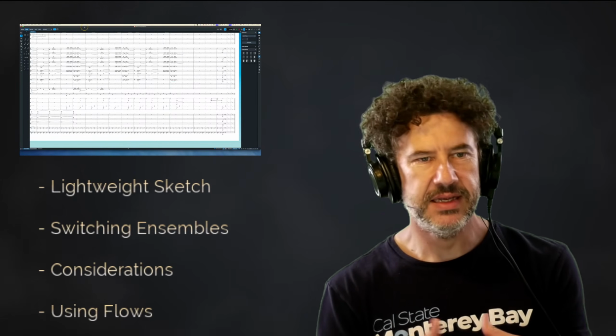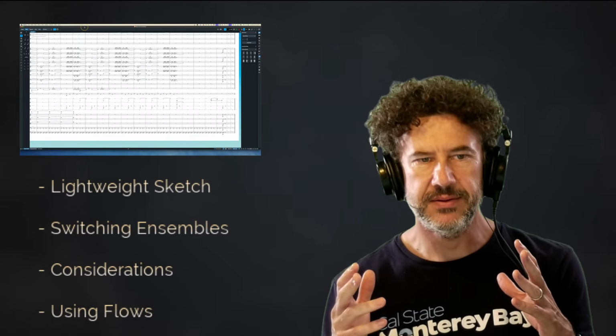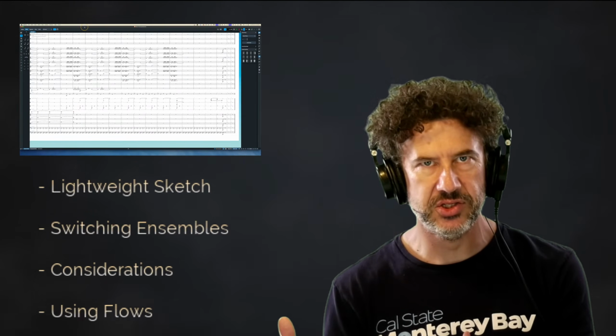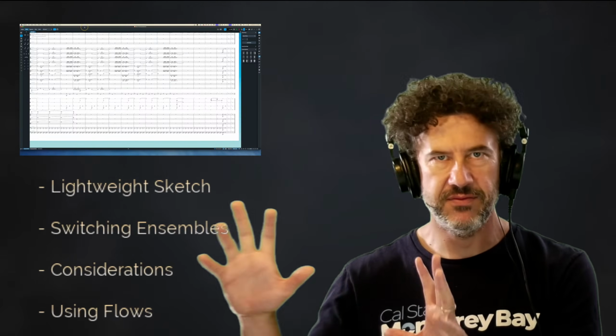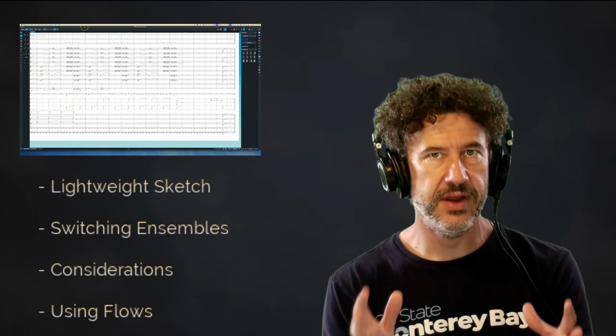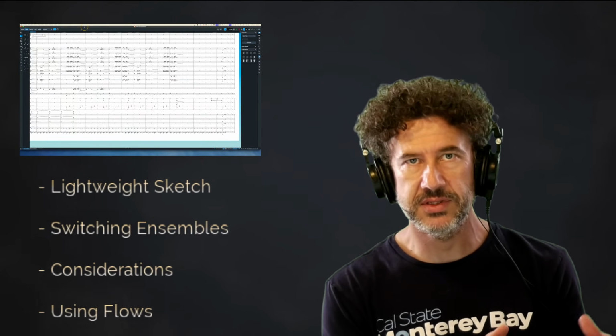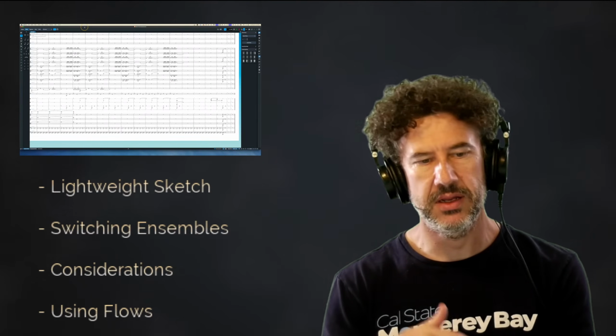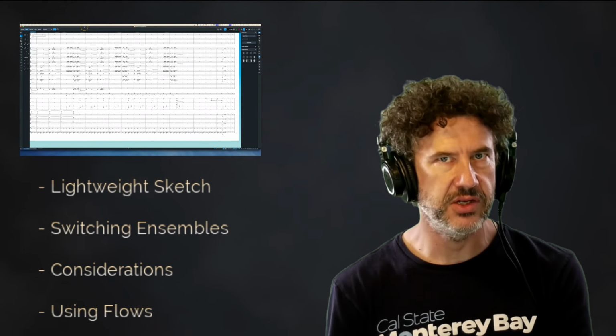Maybe I'd realize down the road that I need another variation on that theme, or I need a B section. It's very nice to leave my orchestration alone in a flow, go back to my phrase or motive flows, and from there I can build out a B section, or a B phrase, or another variation, things like that.